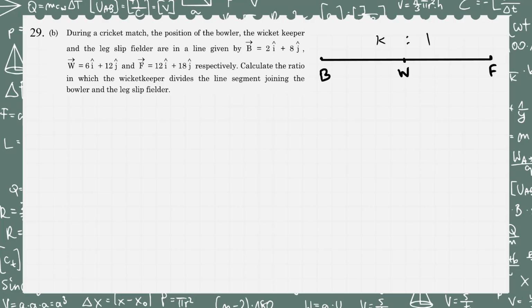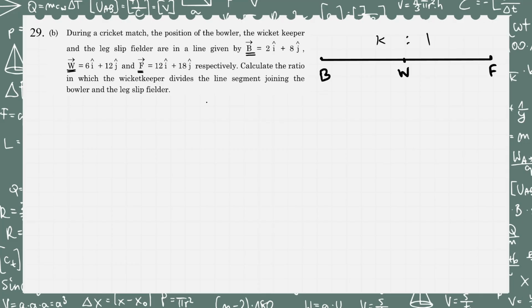Calculate the ratio in which the wicket keeper divides the line segment joining the bowler and the leg slip fielder. So B means the bowler, W means the wicket keeper, and F means the fielder. So the wicket keeper is in the middle, right? The wicket keeper divides the line segment joining the bowler and the leg slip fielder.